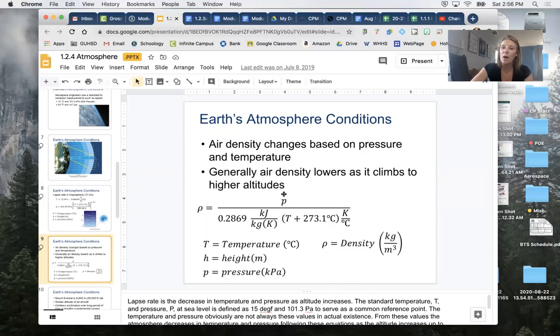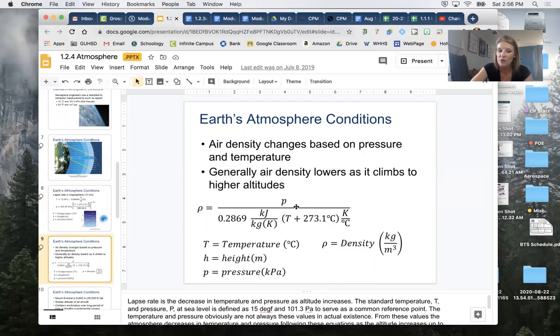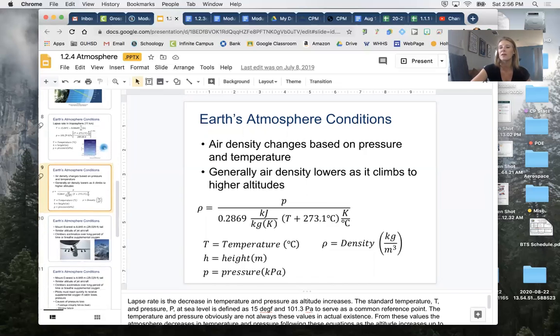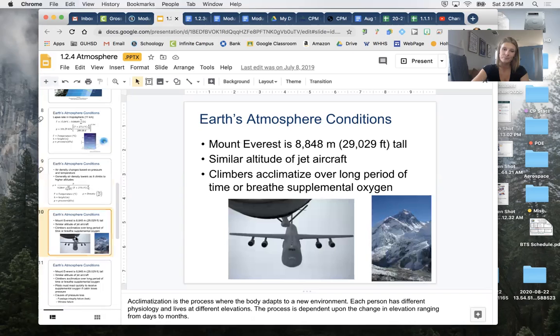So in the problems, you'll sometimes need to calculate pressure based on the temperature you're given. Once you have that pressure, you plug it into this formula to figure out the air density. Air density in our problems will typically be the end result, but in order to get there, we'll need to know the temperature and the pressure. And this is for calculating Earth's atmospheric conditions.